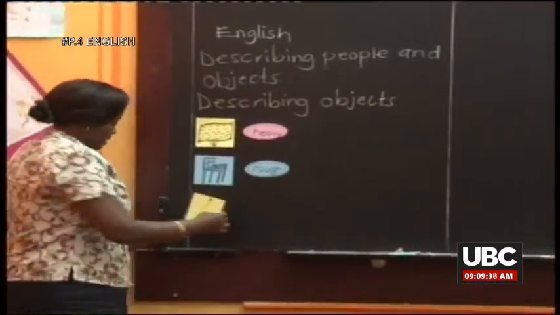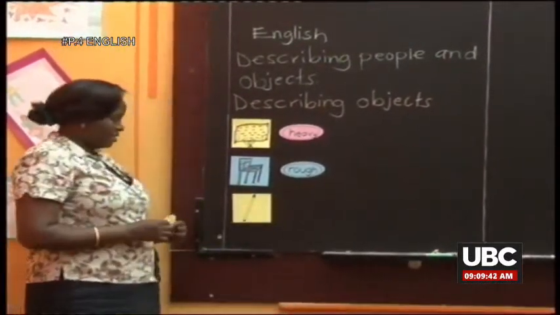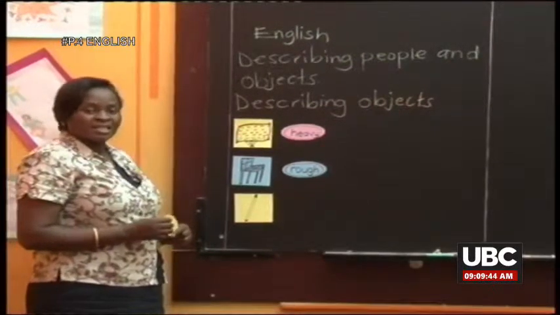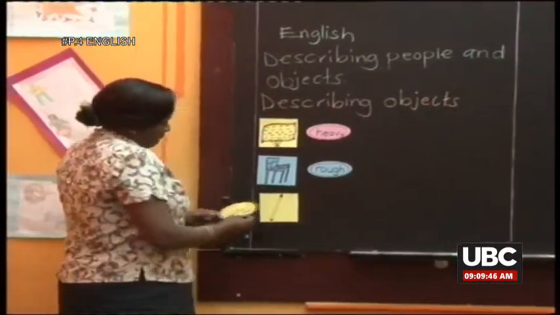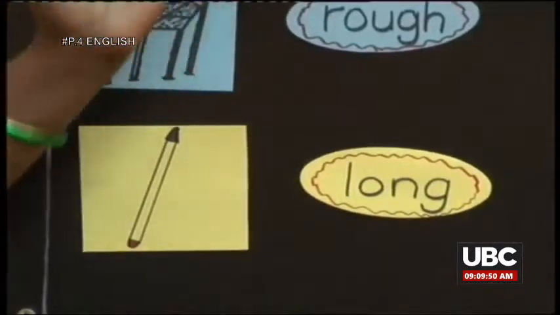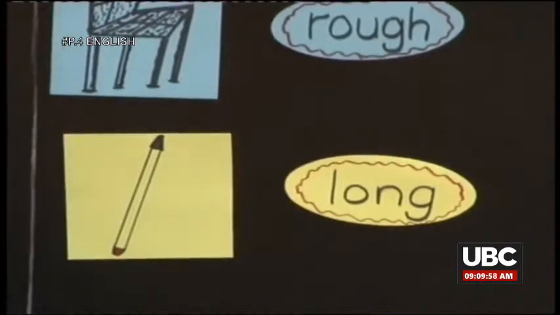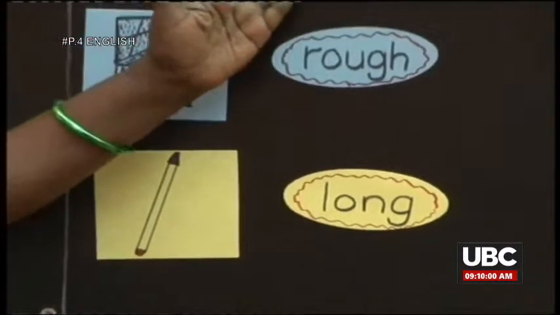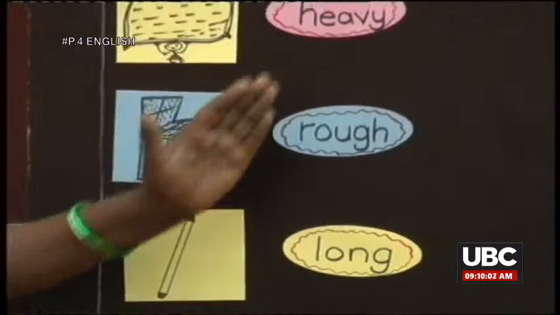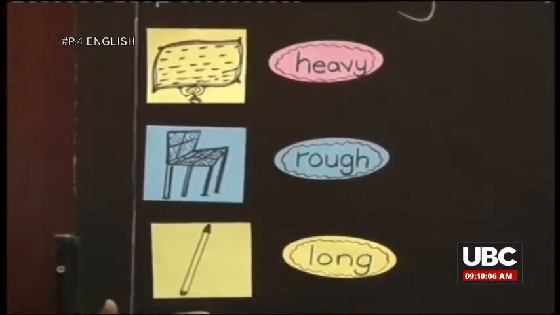This is my pencil, which I describe as a long pencil. Remember, children, we are looking at the adjective words which we use to describe objects. These are simple objects which we are trying to describe using our adjective words, like heavy, rough, and long.